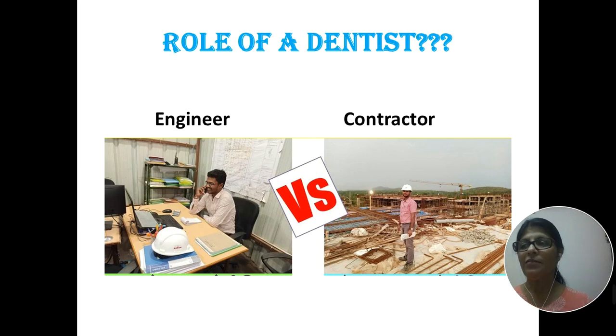Whenever a patient comes, the dentist analyzes the situation by intraoral and extraoral examination, dental history, medical history, and with the basic knowledge of the properties of the material, he selects the best possible material for the patient. But for this, he should have a thorough knowledge of the properties. Only if he knows the properties of each of these materials is he in a position to make such judgments.